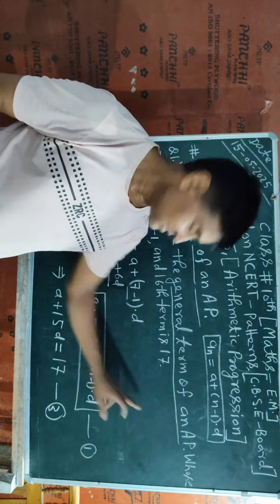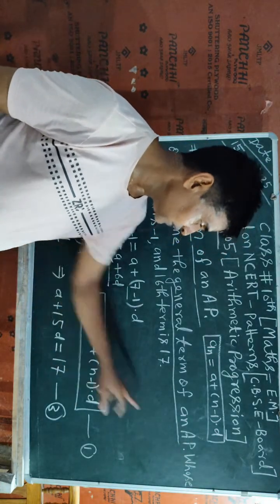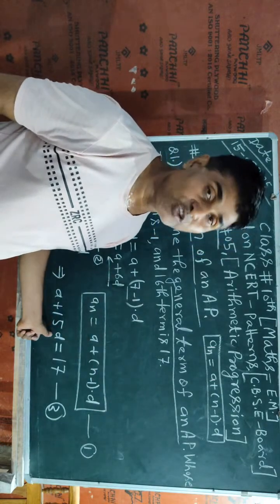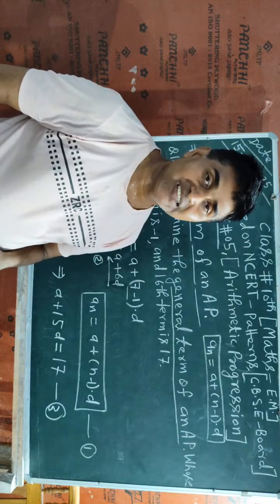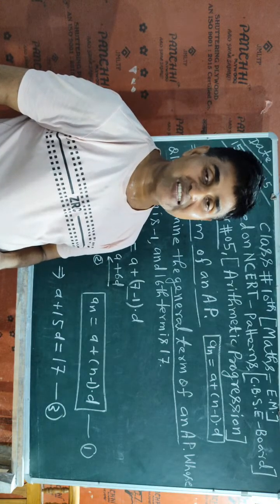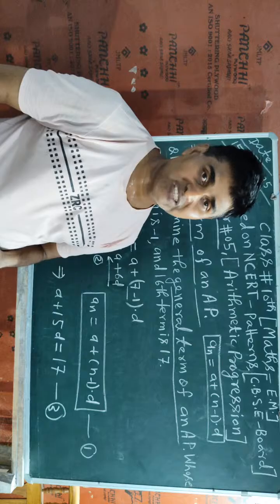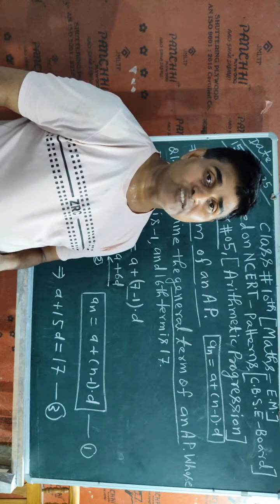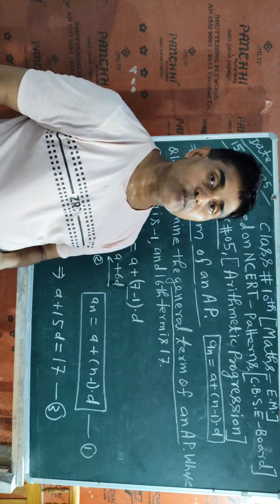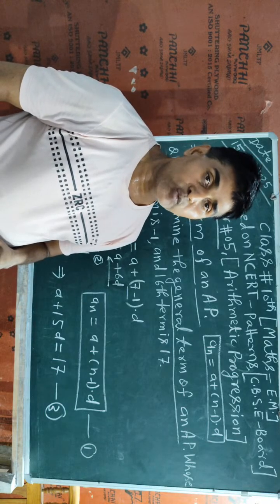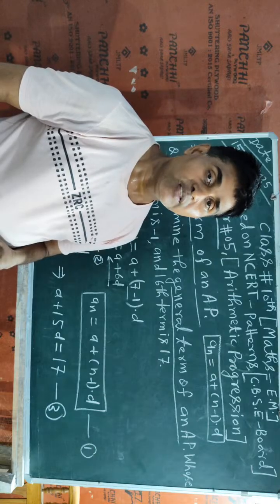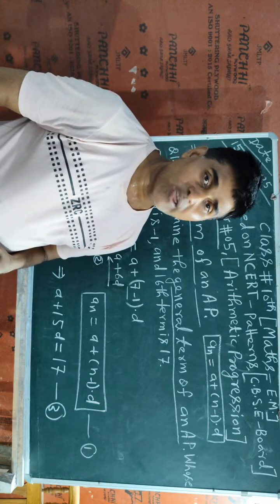In the place of x, here I have assumed a, and in the place of y, I have assumed d. Okay, student. It means that both lines are intersecting each other. In other words, both lines are not parallel to each other. If both lines are not parallel, they will intersect at a point, and at that point we have to calculate the value of the x coordinate and also the y coordinate.